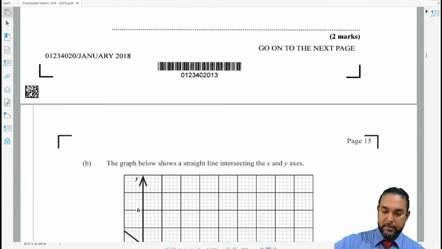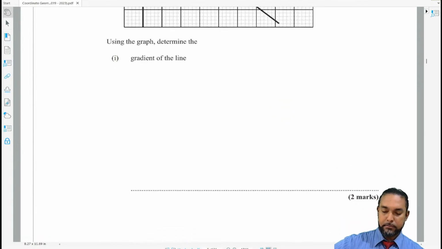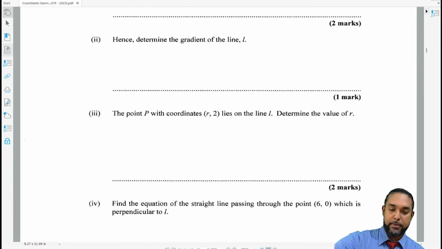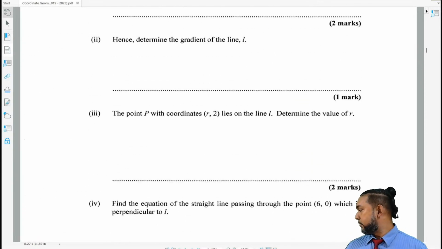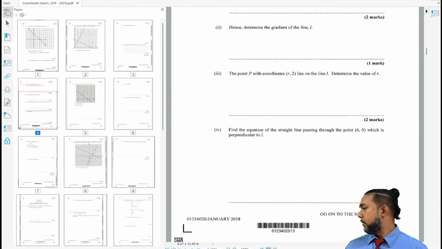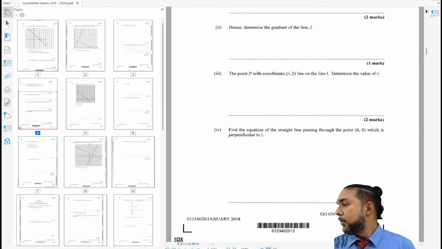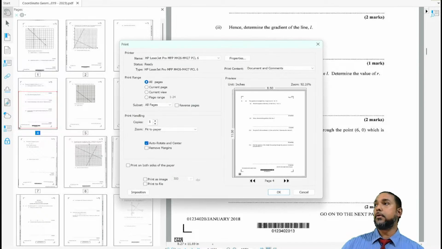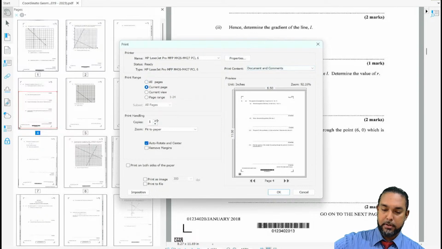Hold on. Did I continue the second page? No, okay, so Jan 2018. Let me print the current page. Oh, who's that? Oh, it's D'Angelo. Hey D'Angelo, evening, how you doing? All right, 1, 2, 3, 4, 5, 6, 7. Let me do 8 copies. Current page, 8 copies.